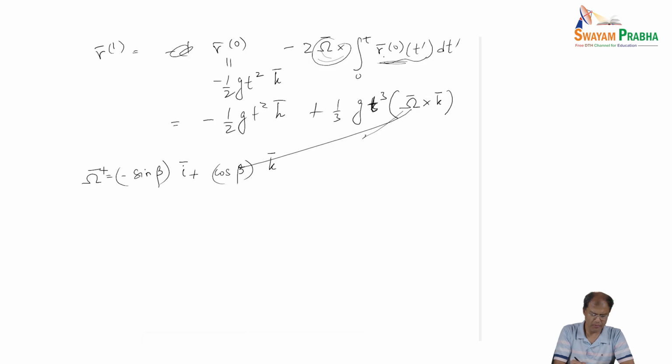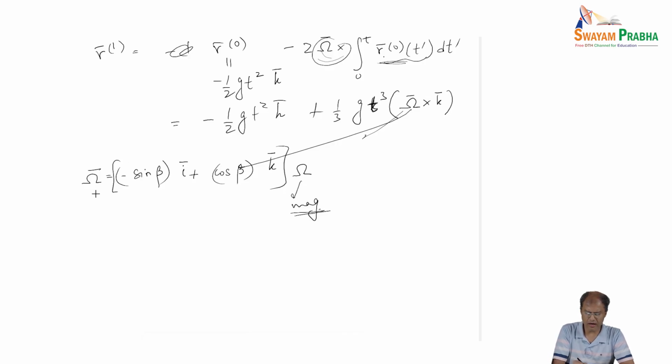So now the omega vector. Again I have to go back and show you the diagram, but the listeners can right away refer to the diagram that I was just referring to. If we look at it with respect to the north-south axis, this is omega, the magnitude of the angular velocity of the Earth.